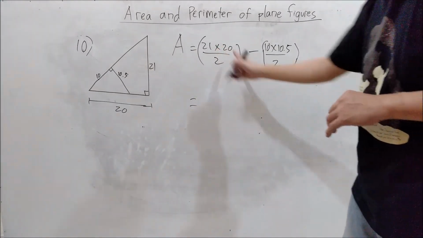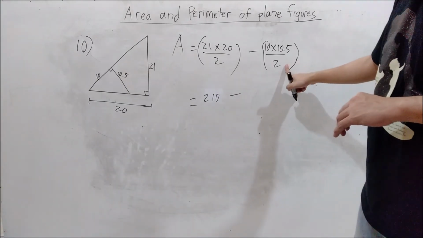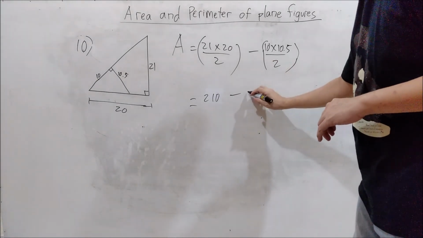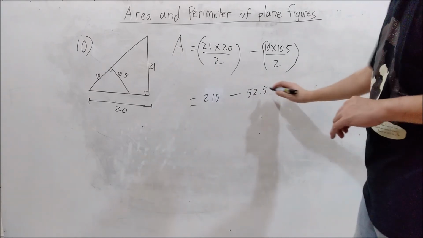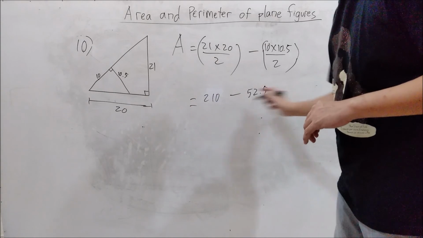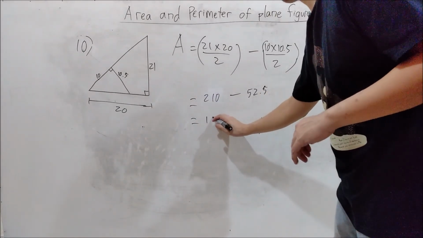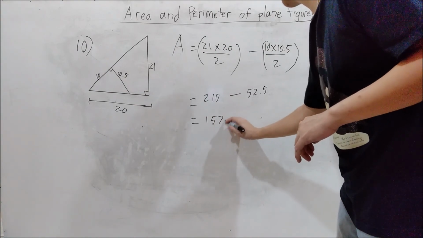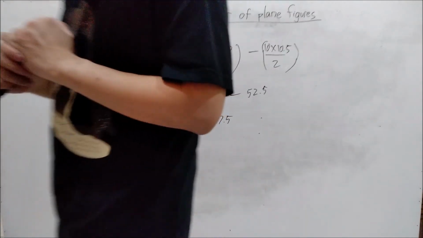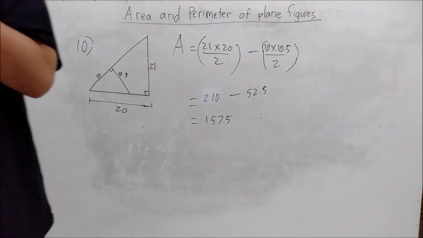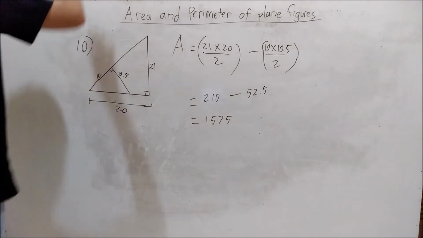This will give you 210 minus 52.5. Am I correct? Yes. And then when you subtract, it will give you 157.5. That will be the area for number 10. That's it for number 10.